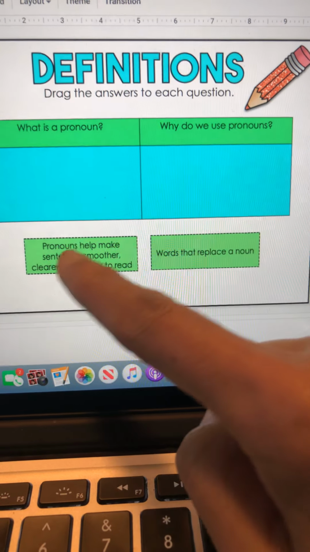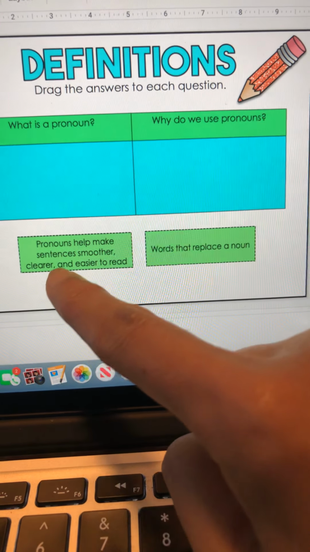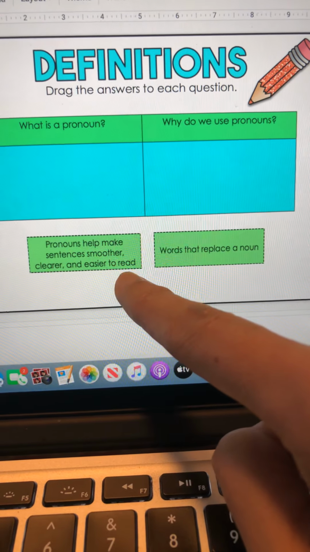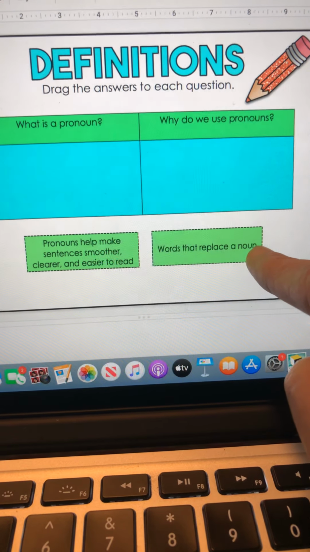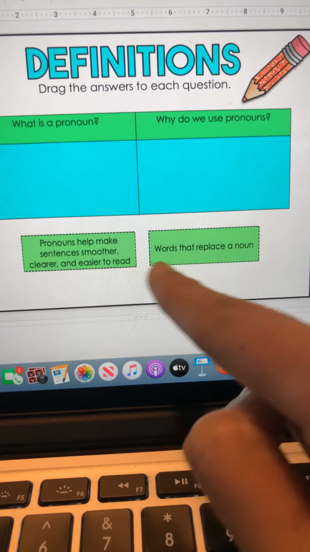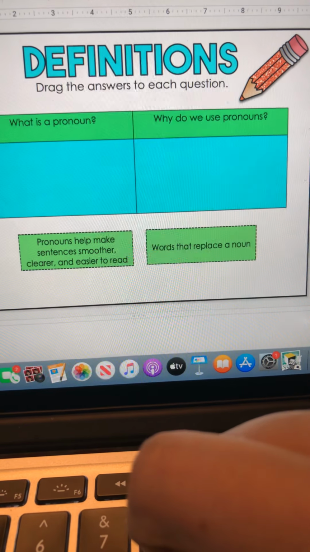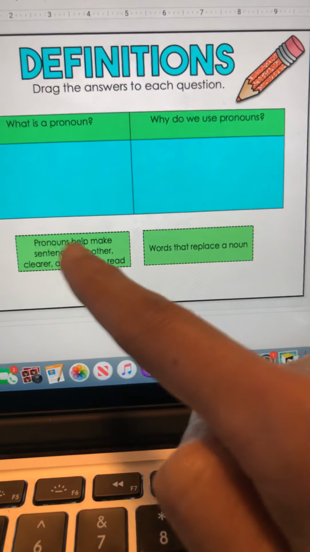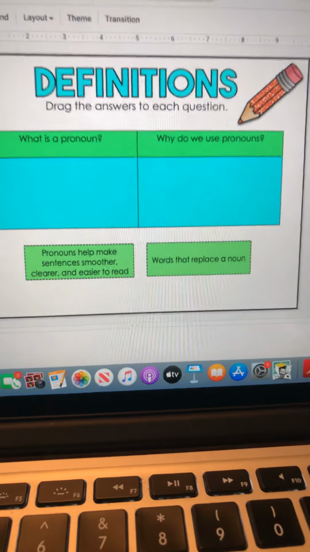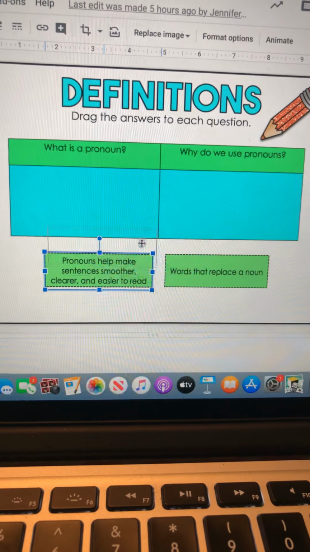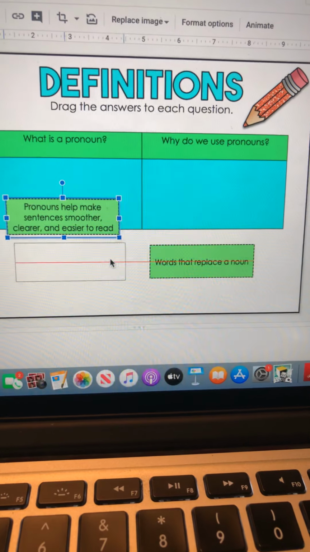We have pronouns help make sentences smoother, clearer, and easier to read, and words that replace a noun. So which one of these tells us what a pronoun is, and which one tells us why we use pronouns? Once you decide, you're just going to click and drag it to whichever box you think it is, okay?